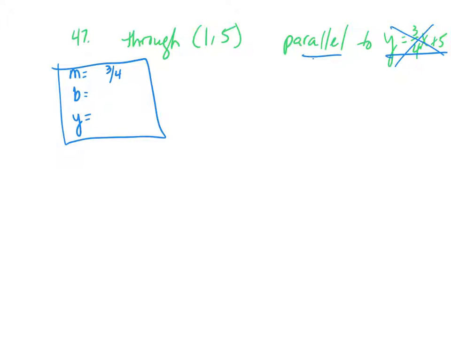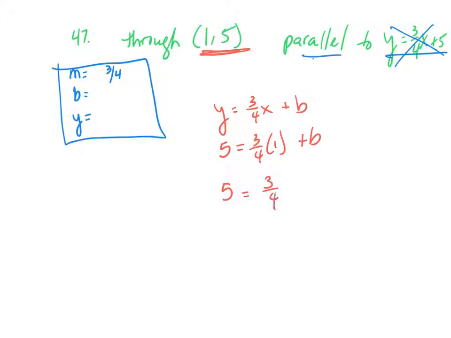So now we have y equals 3/4 x plus b. And now we got to use this point. So we're going to put in 5 equals 3/4 times 1 plus b. 5 equals 3/4 plus b. 5 minus 3/4 equals b. And here you have a common denominator issue.